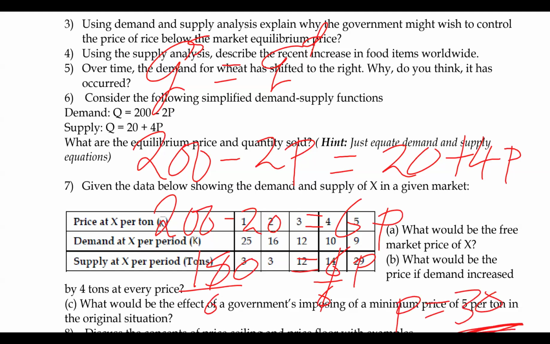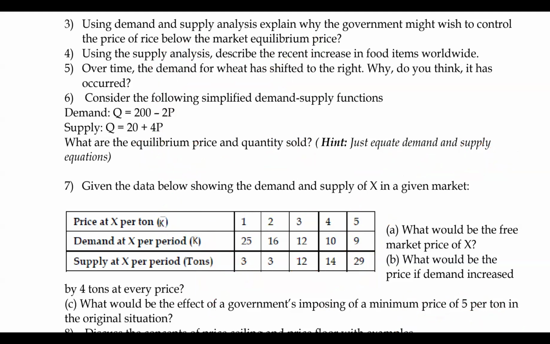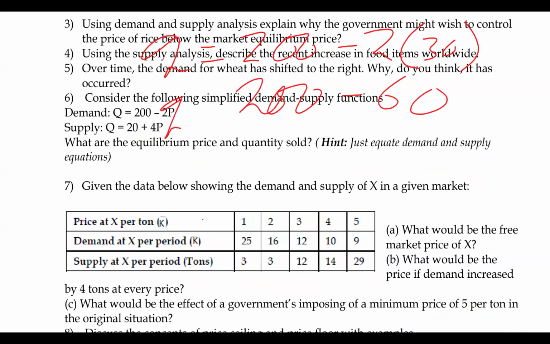In any of the two functions, they should give us the same quantity. Let's start from the demand one. 200 minus 2 times the price, which is 30. That will be 200 minus 60. What will be the quantity? The quantity will be 140. Same one that you found.